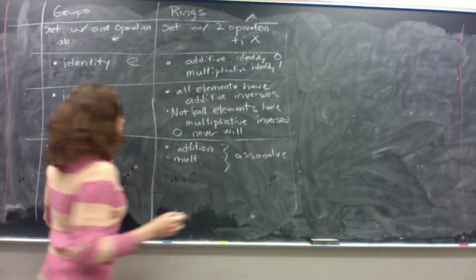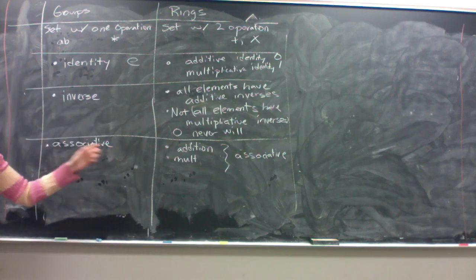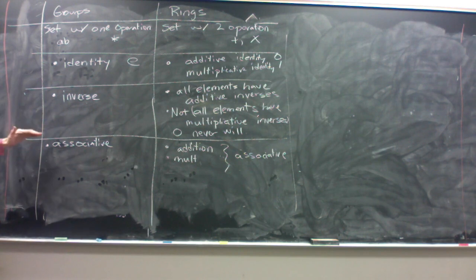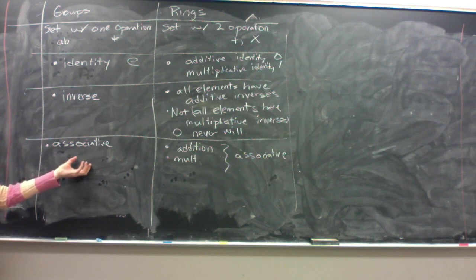And in general, this is the hardest property to show. But if we're able to think of the elements of a group or a ring as functions, we can use the fact that we've already proven that function composition is associative to sort of get around this one. Because in general, showing associativity is really hard.